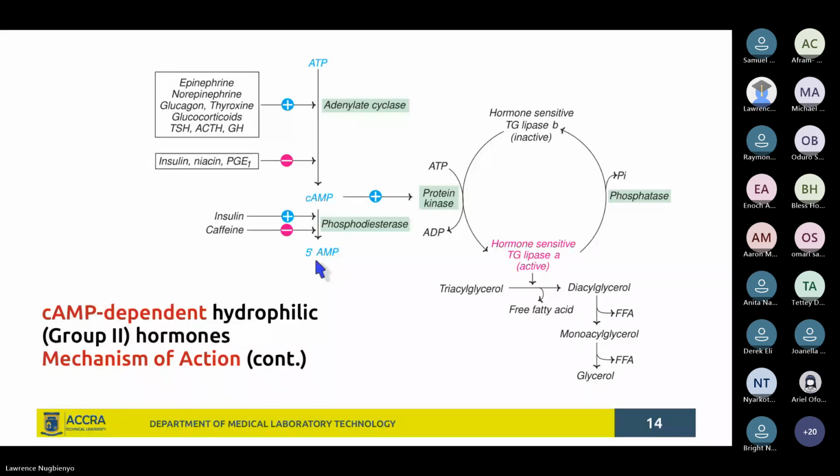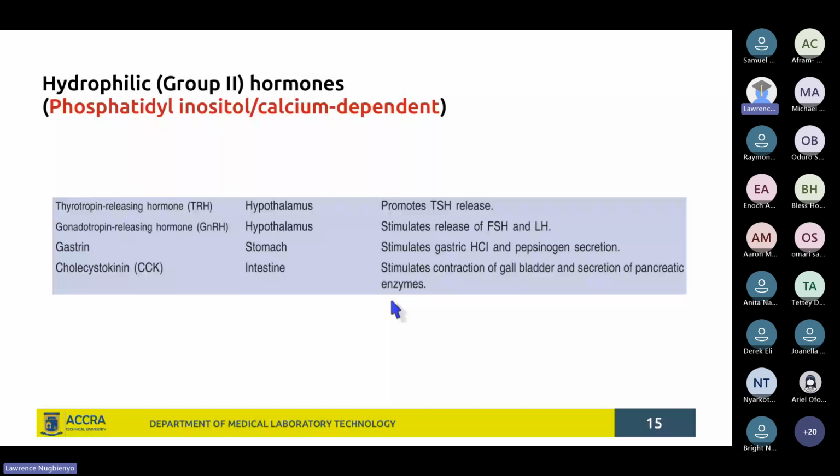Right. Now we take the second group. That is the second subgroup of the hydrophilic hormones. The first subgroup we just finished looking at was using cyclic adenosine monophosphate as a second messenger.